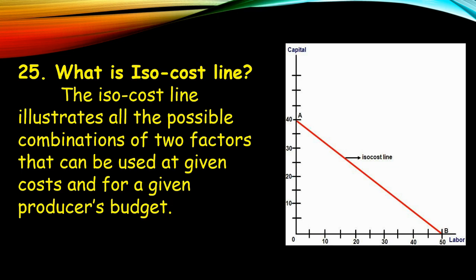With these two factors, the firm can buy a given outlay. The higher the isocost line, the higher the total cost. The lower the isocost line, the lower the total cost. That's all.